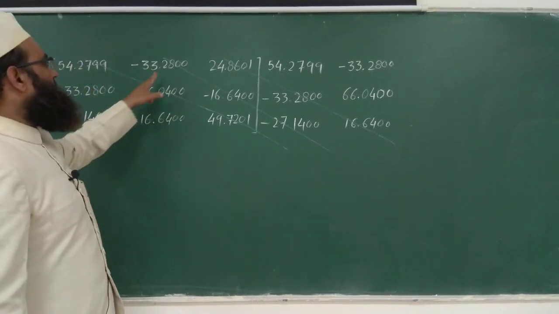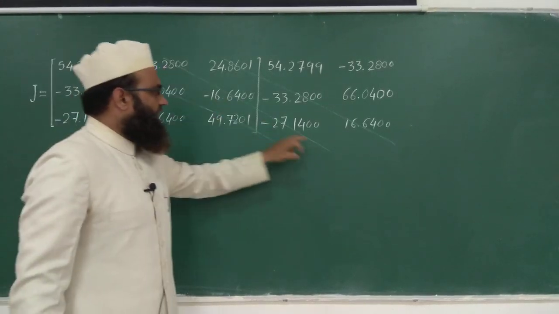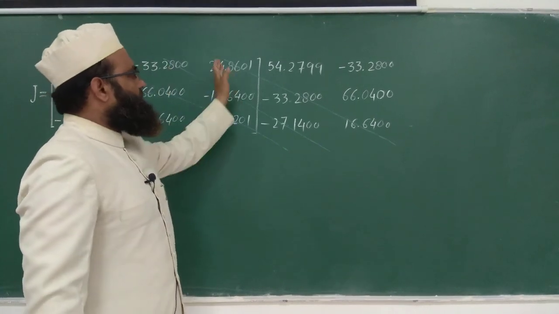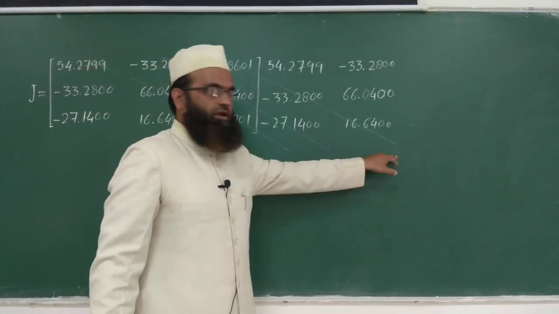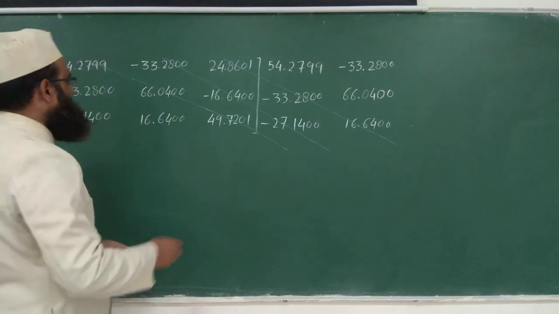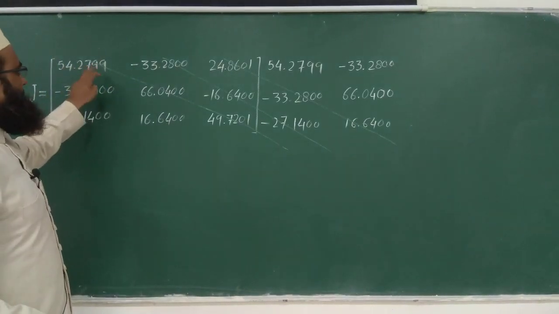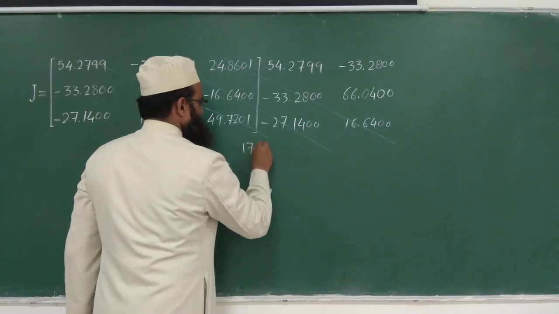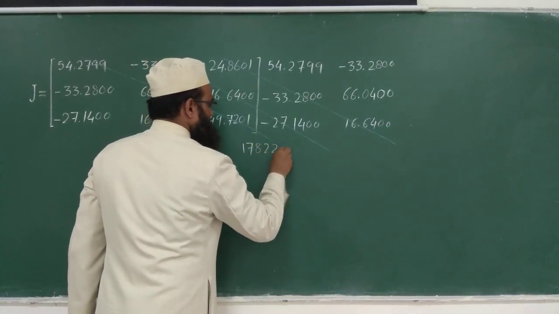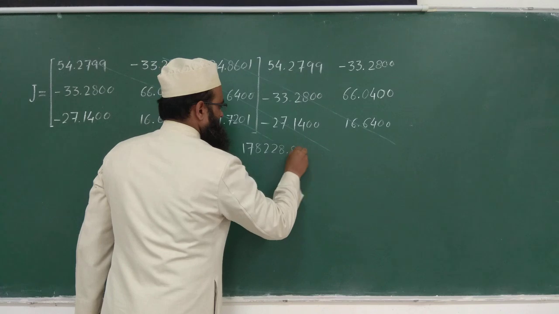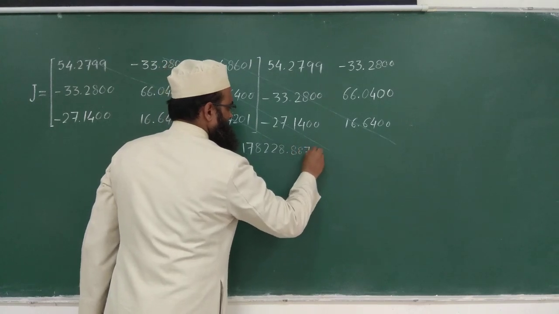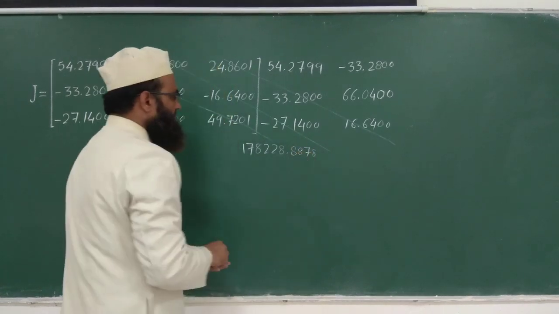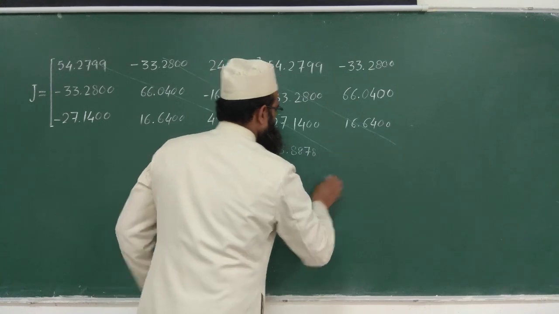Similarly, take the product of these three elements, this into this right here, and the product of these three elements, this into this right here. So tell me quickly, what is the value of the product of these three elements? 178,228.8878. Fine.